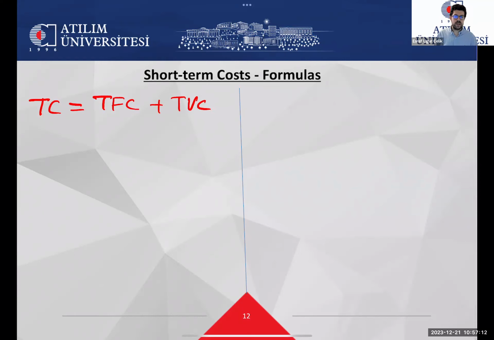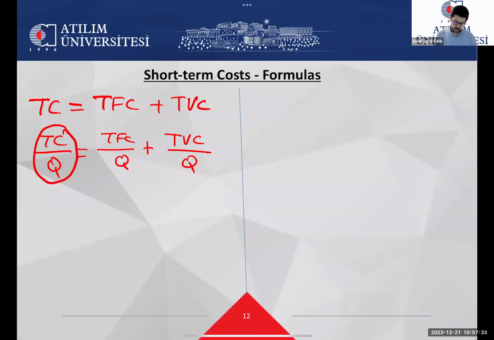Let's assume that we can divide all parts to the quantity. Total cost divided quantity equal to total fixed cost divided quantity plus total variable cost to the quantity. If we divide one thing to the quantity, you are going to find the average.